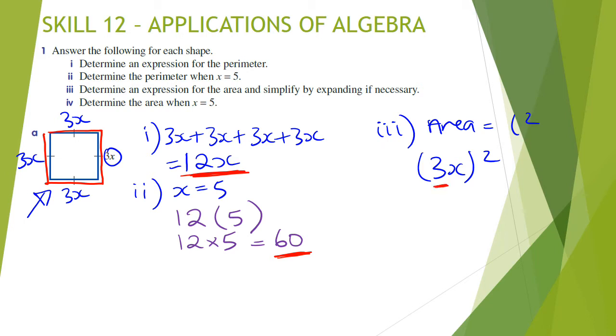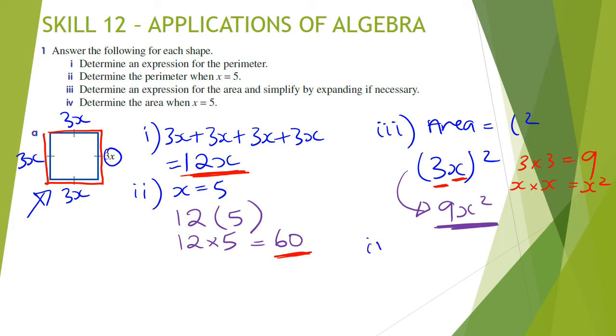So 3 times 3 equals 9. And then we need to do x multiplied by itself. X times x equals x squared. So if we put those together, we will have 9x squared. So our area of the square is 9x squared.